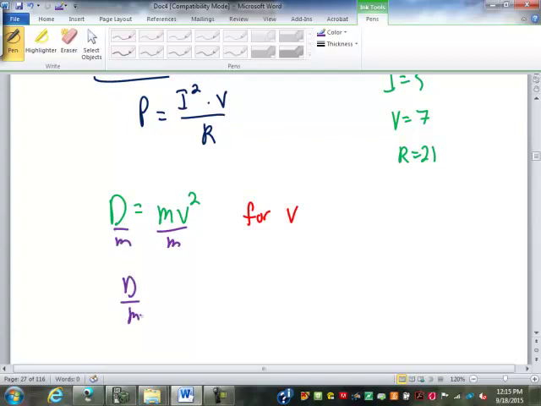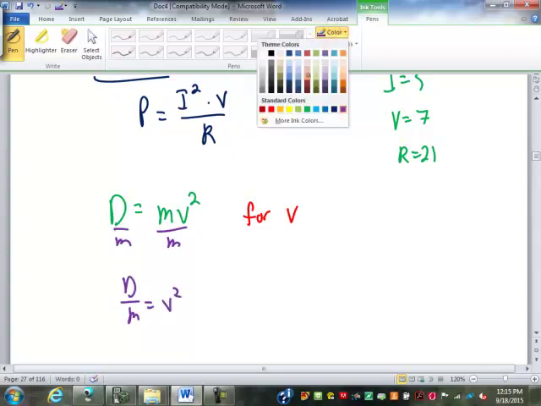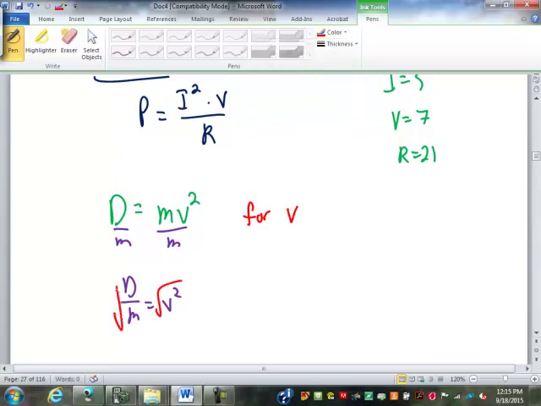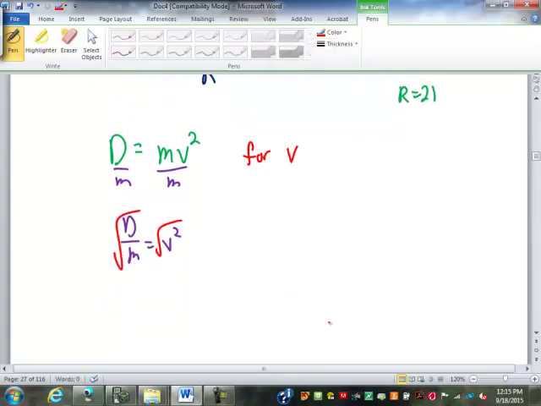So D over m equals V squared. And you have to take the square root to get rid of the squared. So V is equal to the square root of D over m.